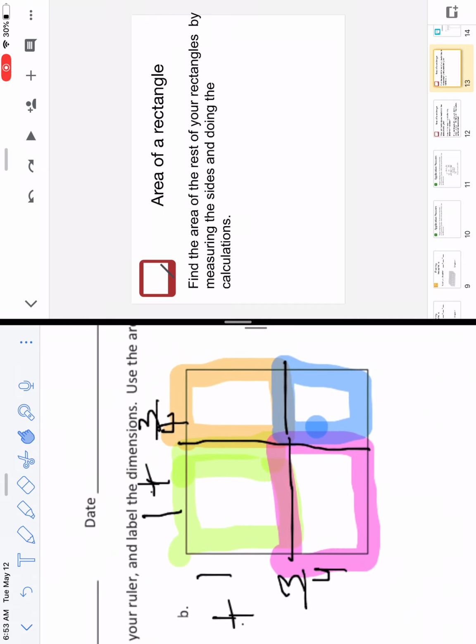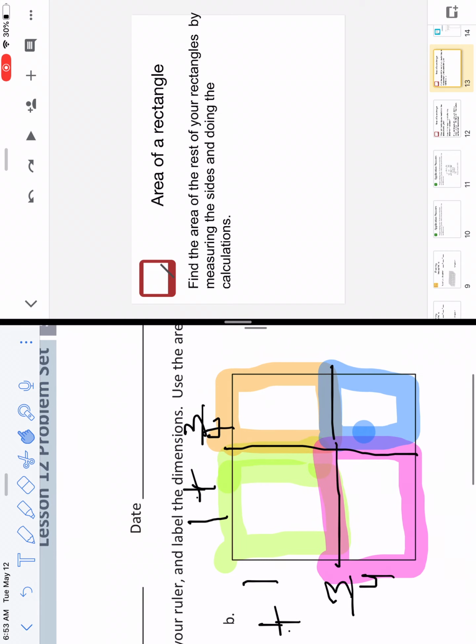All right, I'm going to zoom in on this one here so I can write a little bit bigger. So we have 1 times 1, which is 1 inch squared. That doesn't look very good. 1 inch squared. 3/4 times 1 is 3/4 inches squared.